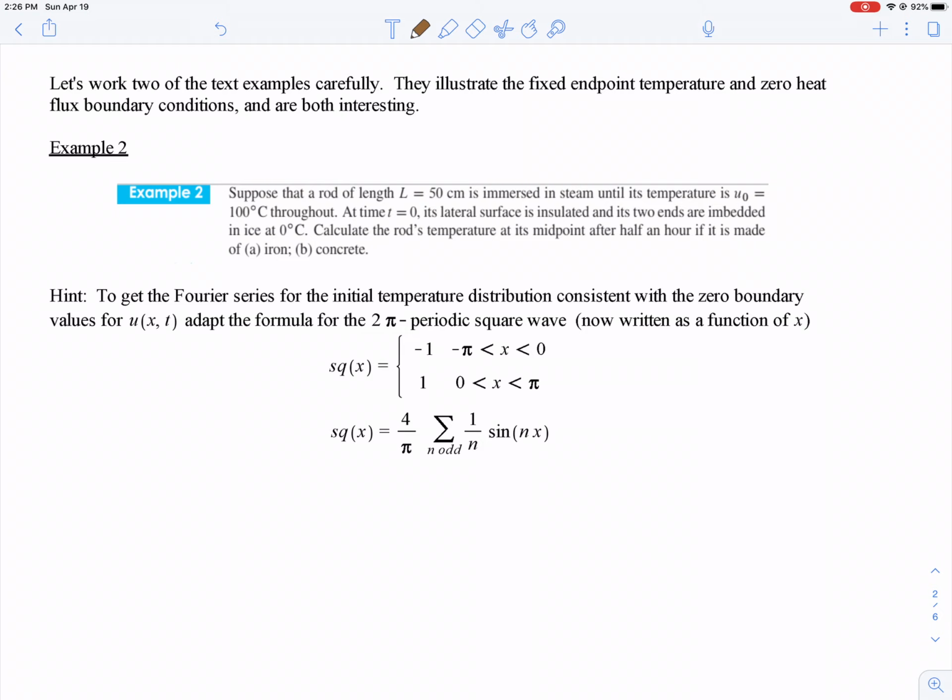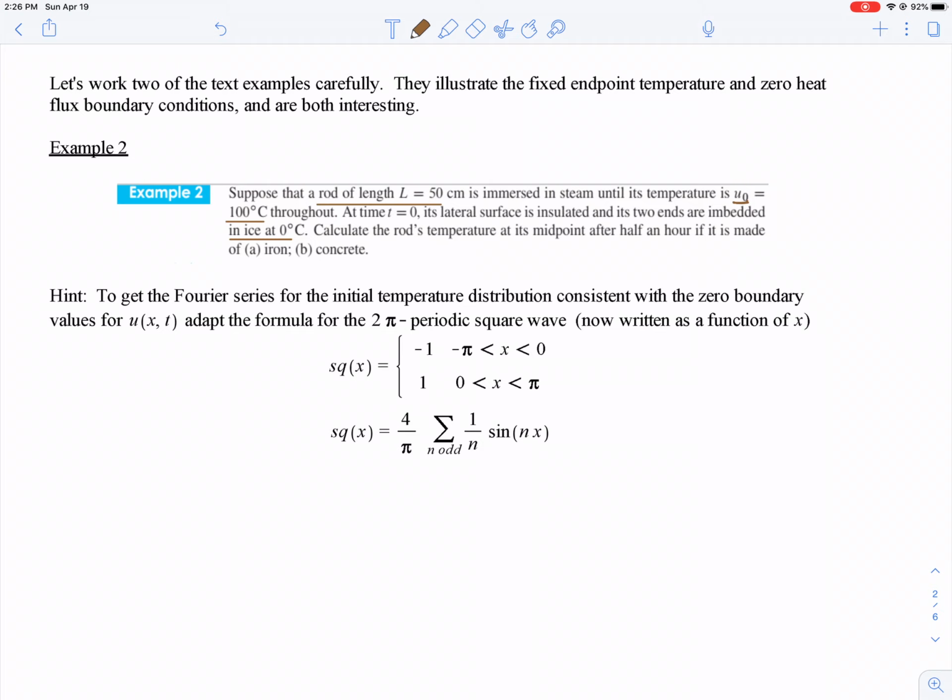We have a rod of length L, which is 50 centimeters. It is immersed in steam until its temperature is uniformly 100 degrees Celsius throughout. And then at time t equals 0, we embed either end into ice water, which has a temperature of 0 degrees Celsius.